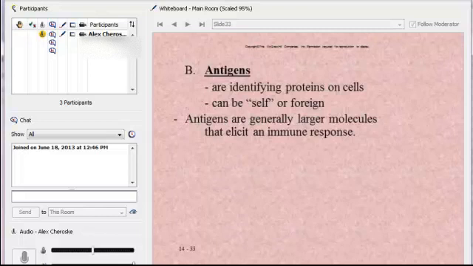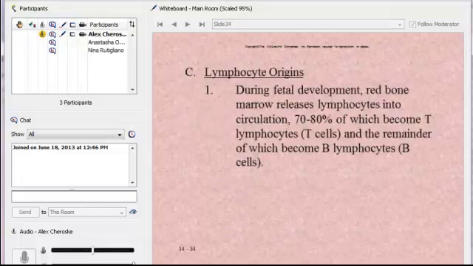But the antigens are the way that we're going to identify these cells that we need to get rid of. So we know that there are two cells involved here, the T cells and the B cells. And we said that the T lymphocytes, the T cells, are going to go through their maturity and kind of boot camp in the thymus, while the B cells are going to be created and go through their maturity stages in the bone.